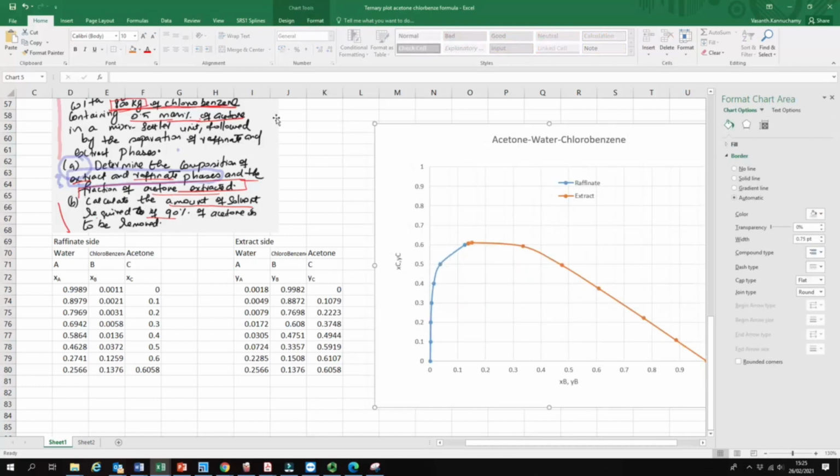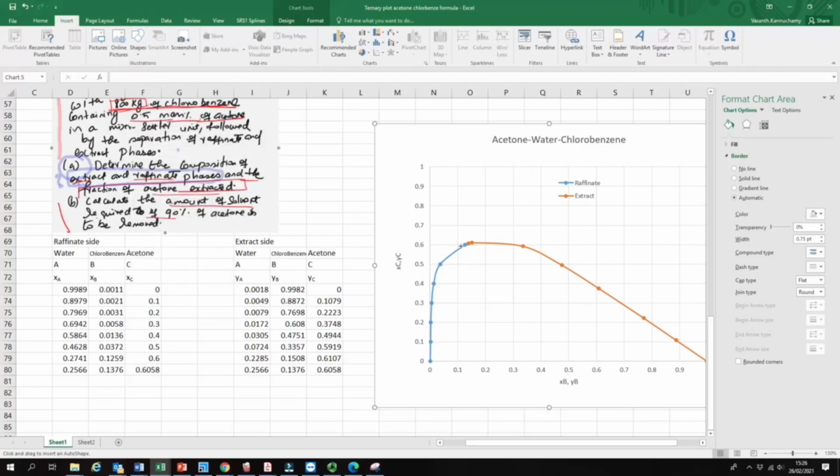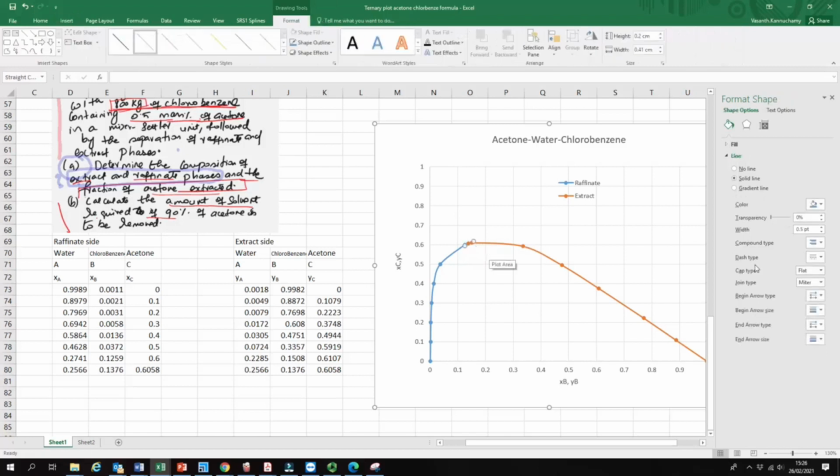So let me draw some lines. These two points, if you connect them, will be one tie line. You should watch my lecture 3 or 4, I don't remember exactly, if you want to know what a tie line is.